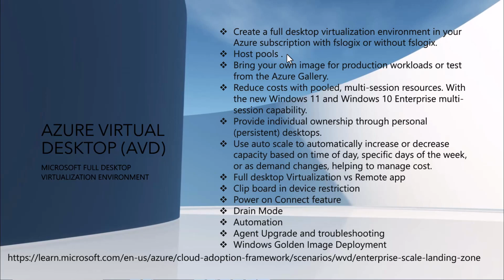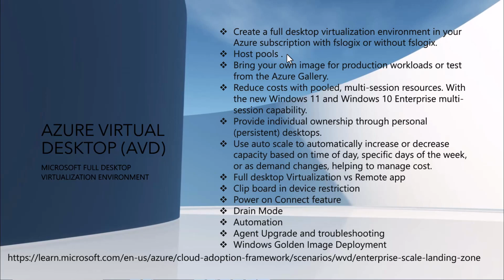We will be talking about how we can reduce the cost with pooled versus personal AVD. The pooled option comes with a Windows 10 multi-session machine. With multi-session, depending upon the VM size, the memory and CPU on that VM, we can have 3, 4, 5 users connected to that Windows 10 at the same time.